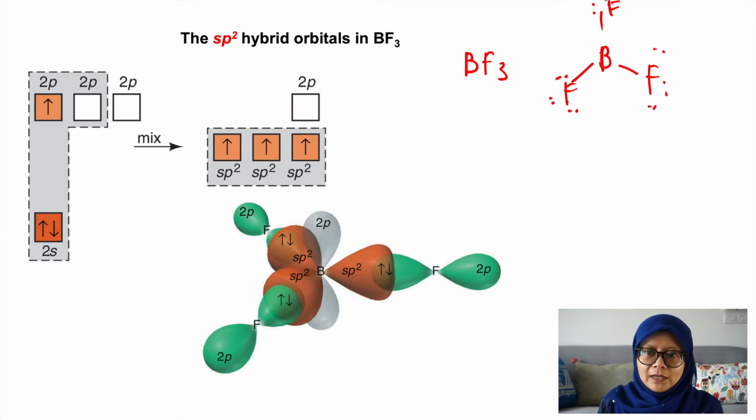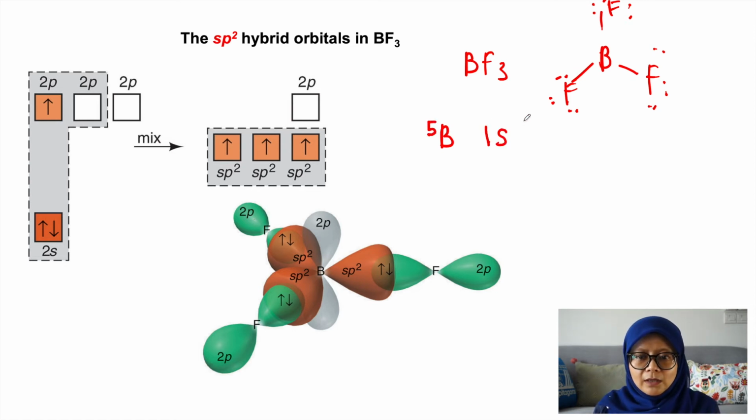If you look at this structure, it will give you trigonal planar geometry. For the boron, we have proton number 5, so it will give us 1s2, 2s2, and also 2p1. This is the first step.